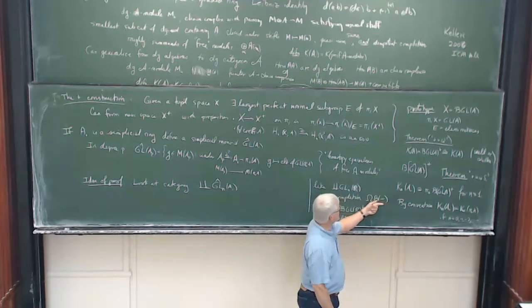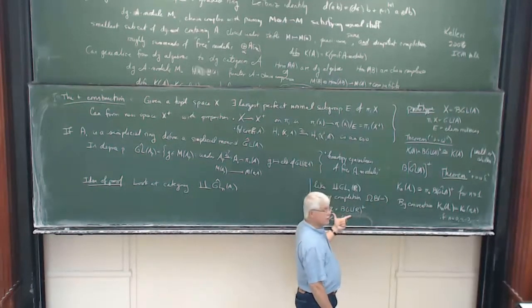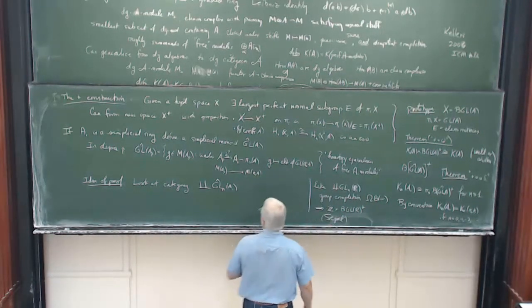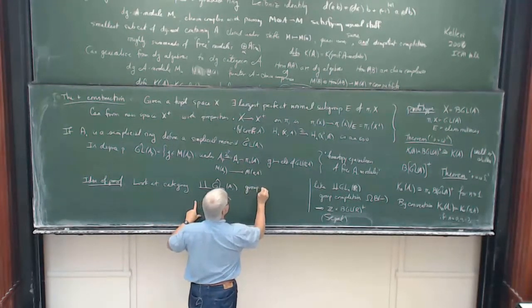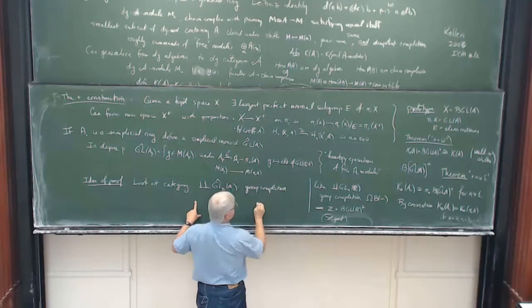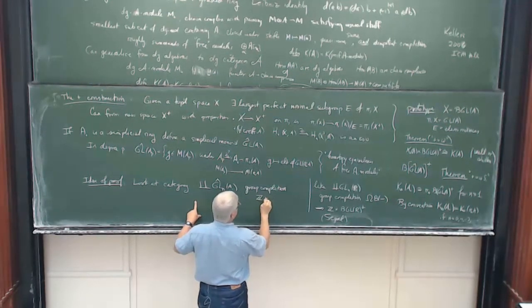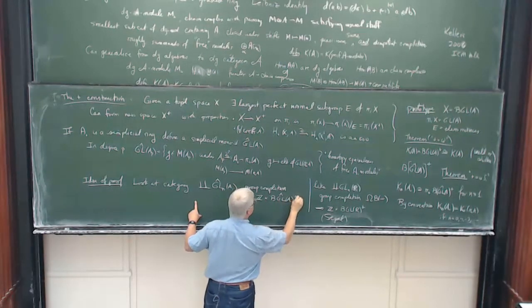So you can take B of this, then you can take the loop space of it, and Graham-Segal proved that that is going to be the same thing as this. And the same thing works here. The group completion is Z cross B GL hat of A plus.